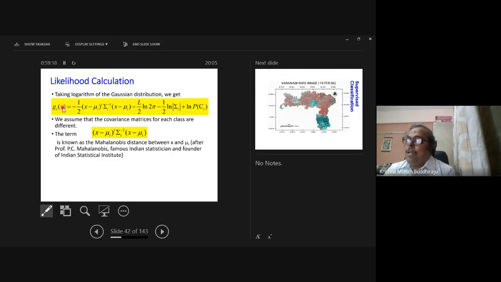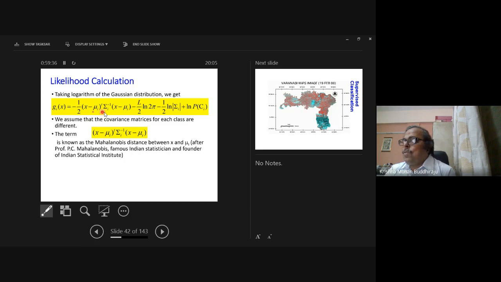So, forget the mathematics. It's very simple if you actually look at it at your convenience. In this equation, certain things can be pre-computed.